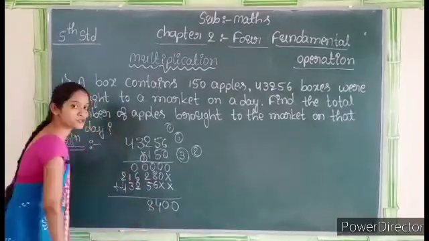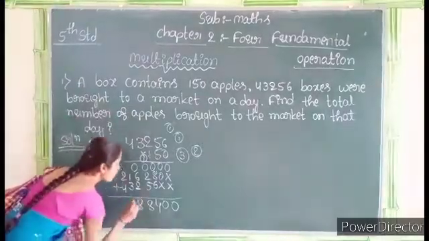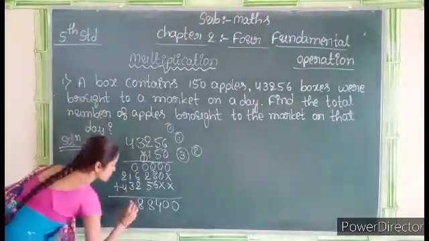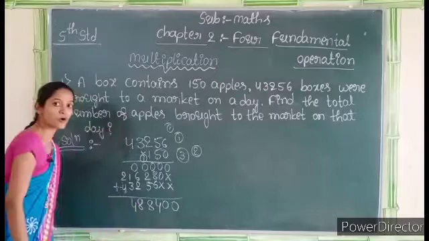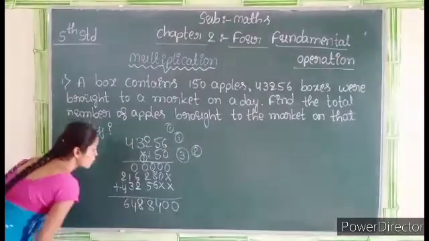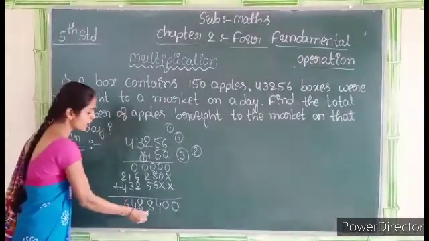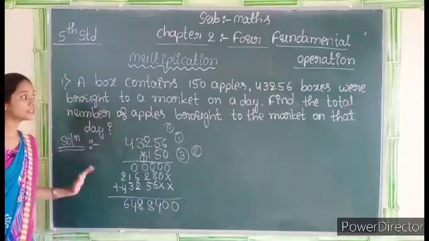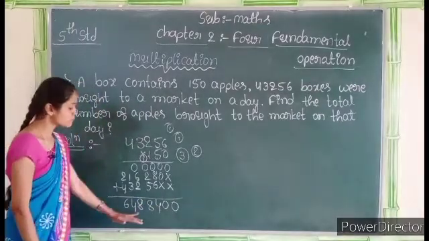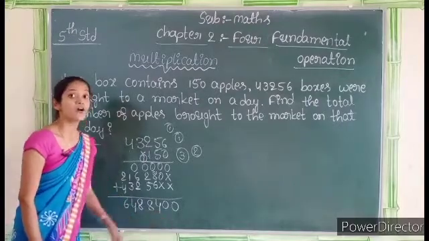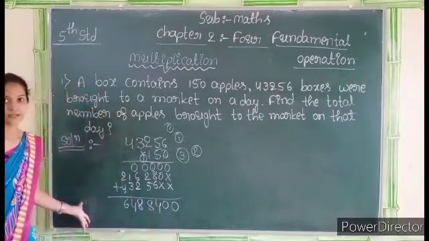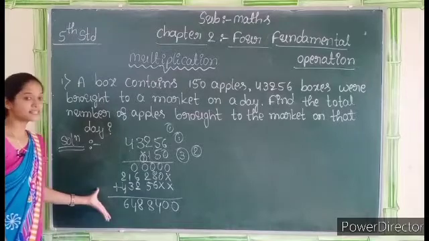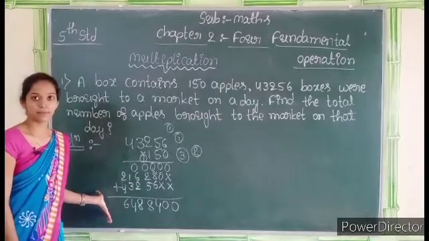Then 6 plus 2, 8. 1 plus 3, 4. Then 2 plus 4, 6. Okay, we get 64,88,400. Okay, on that day they brought 64,88,400 apples.